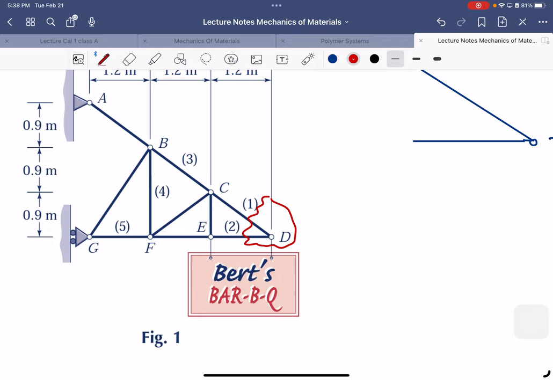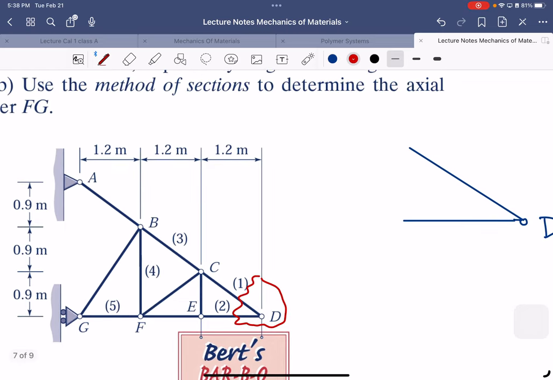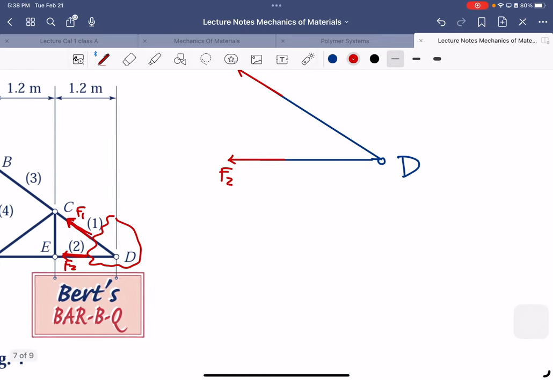We are going to just draw this part. And then we can imagine that there will be some force here, which is F1, and F2 here. So if we draw here, we can see that this is what the question wants to answer, right? So F1 and F2.